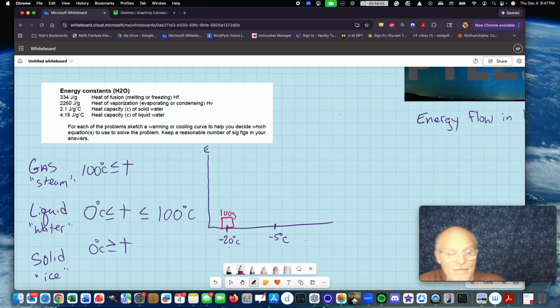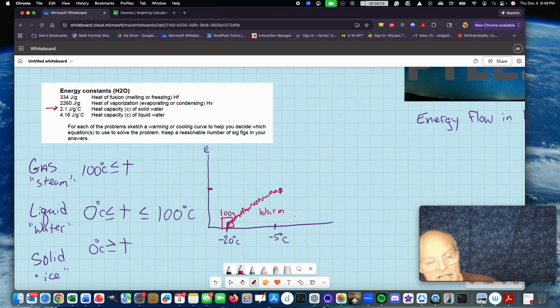All right. That energy is going to act on each gram, and each degree it's raising by using the heat capacity of solid water. So the calculation will be, and this is warming, so it'll be a positive energy.